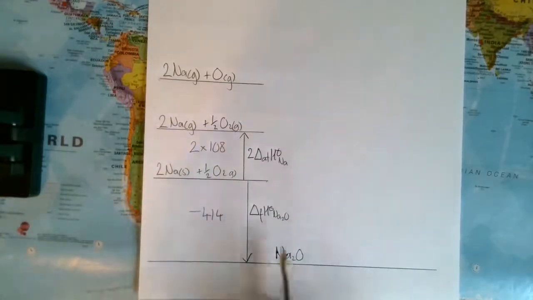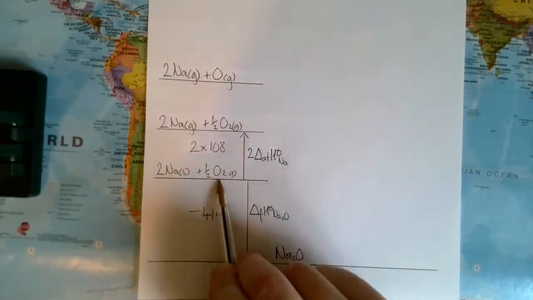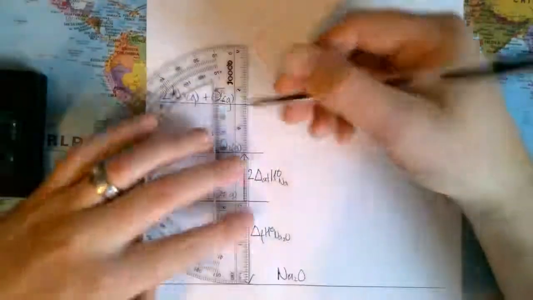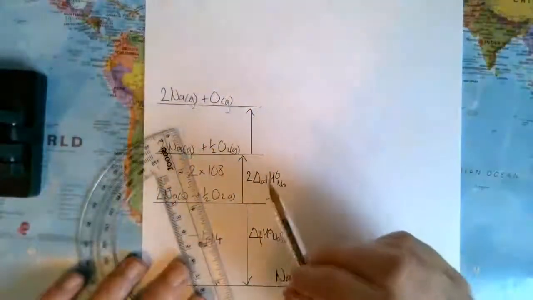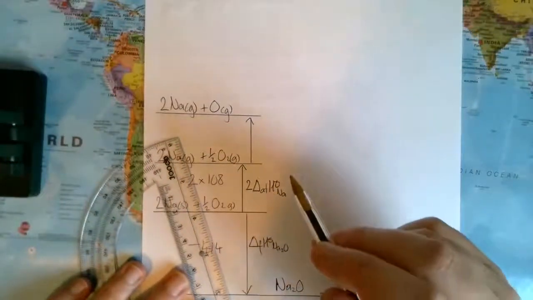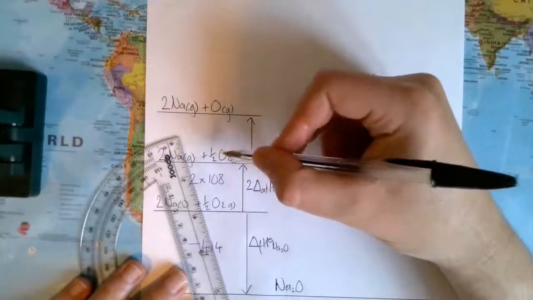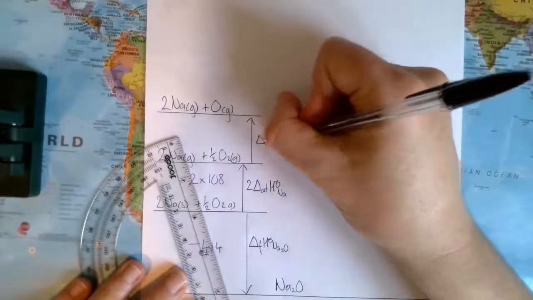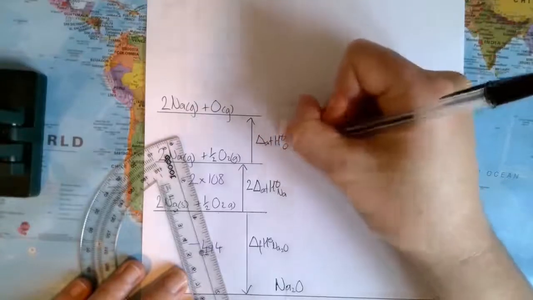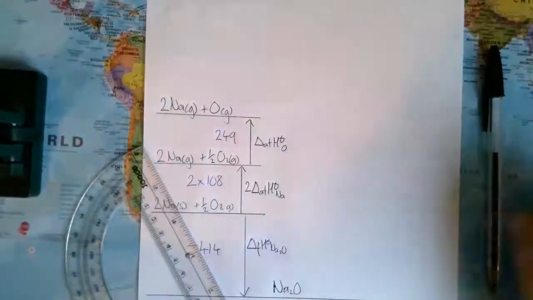There's 1 mole of oxygen. Of course, oxygen is O2 in its standard state, so we had to have half a mole of it. The enthalpy change of atomization is to form 1 mole of the atoms, so this half O2 gas going to O gas is the enthalpy change of atomization of oxygen. The value that we're given for this is 249.